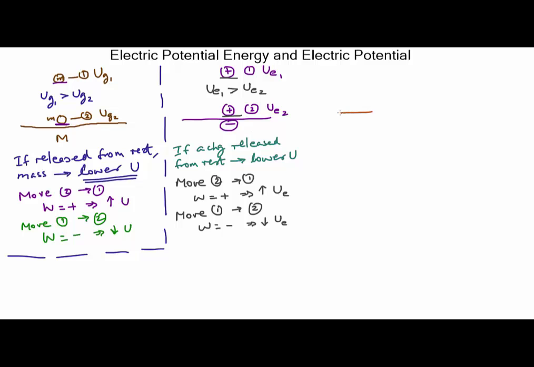So if I had a situation here where rather than this fixed charge being a negative charge, it was a positive charge, and my probe charge is still positive, so now if I've got these points 1 and 2, at which point do I have a higher electric potential energy? So I've got UE1 over here and UE2 over here.